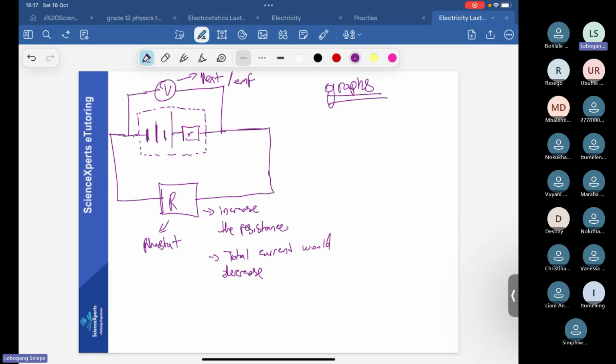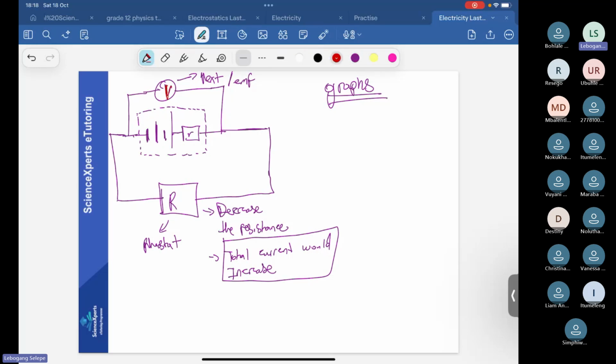Okay, let me not say increase the resistance. Let's start by decreasing the resistance. I decrease the resistance, then the total current would increase, because remember, current and resistance are inversely proportional. So because the current increases by me decreasing the resistance, how would the value of this voltage here be affected?